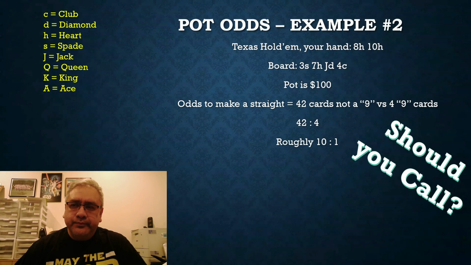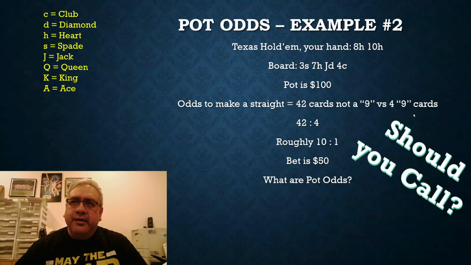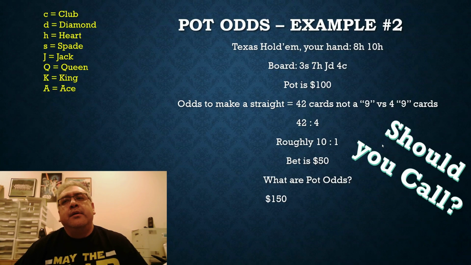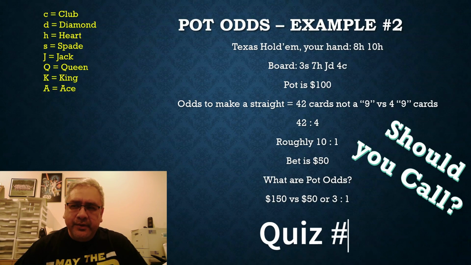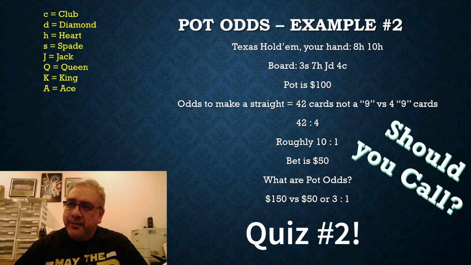It's roughly 10-1. Now we've got to figure out what the pot odds are. You've got to call a $50 bet. That's going to give you a new pot of $150 versus your $50 bet. That's pot odds of 3-1. So should you call?